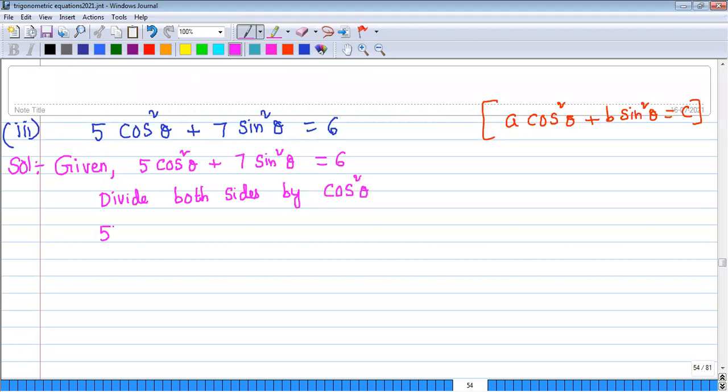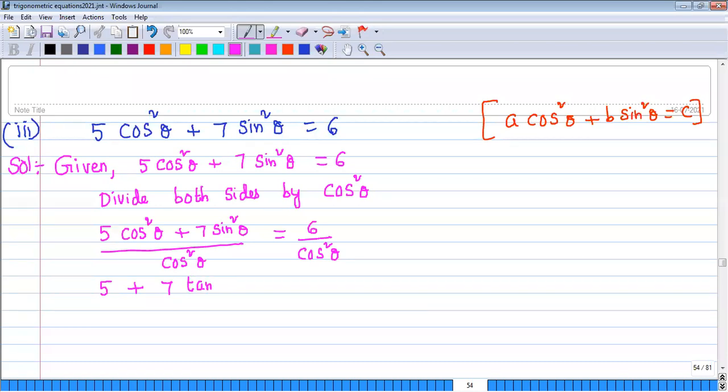So (5 cos square theta plus 7 sin square theta) upon cos square theta equals 6 upon cos square theta. Are you following? Yes, sir. 5 cos square theta by cos square theta is 5, plus 7 sin square theta by cos square theta is 7 tan square theta.